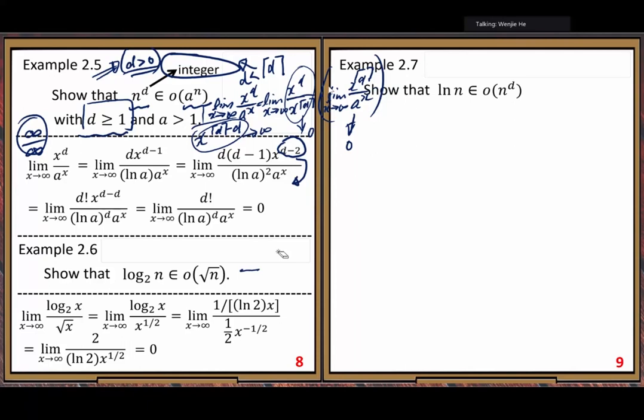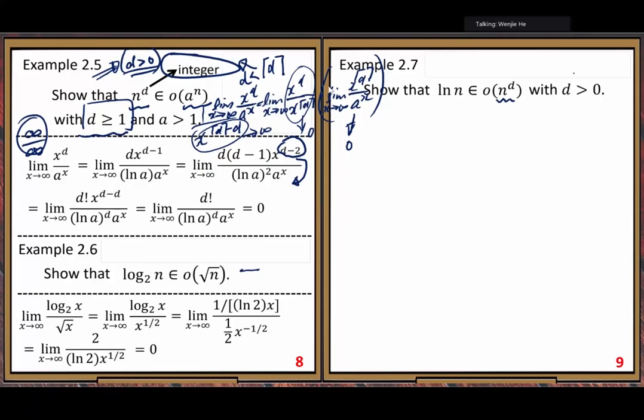Then the last example, 2.7. This time is slightly different; we want to be a little more general. So the natural log of n is big O of n to the d power function, and we only require d is a positive number. It's true.